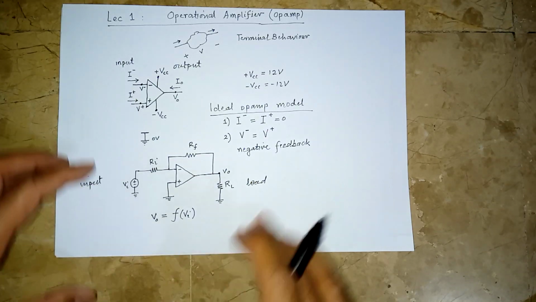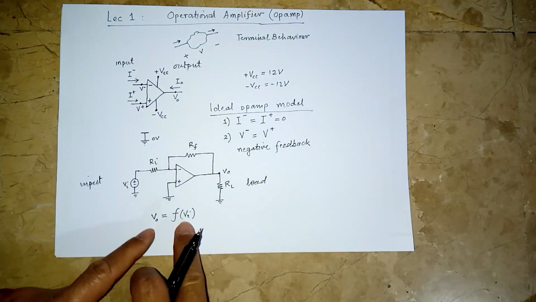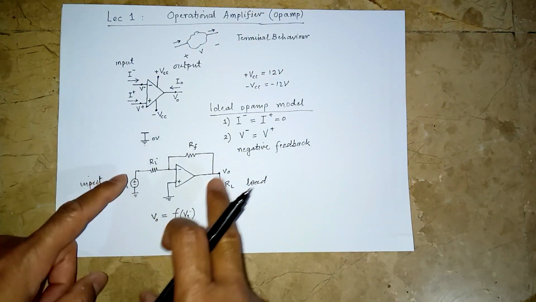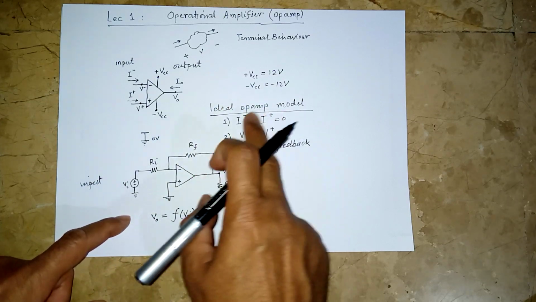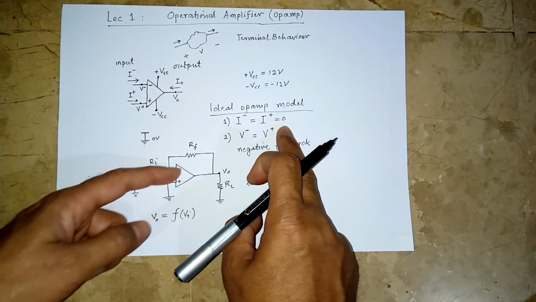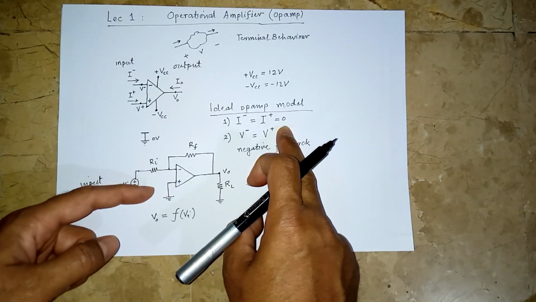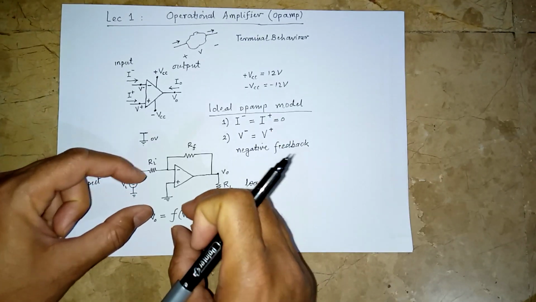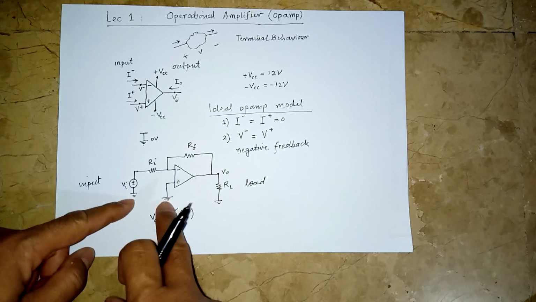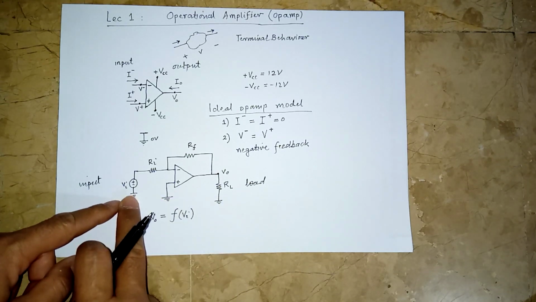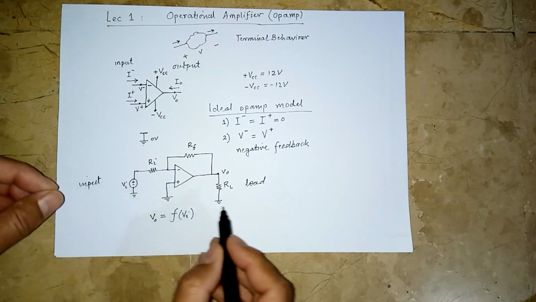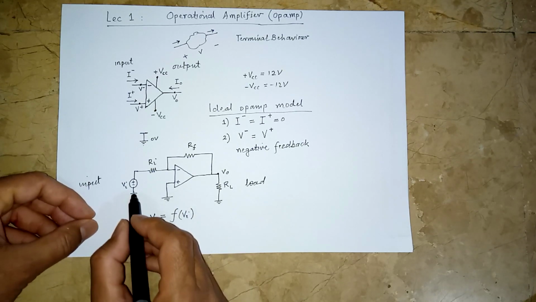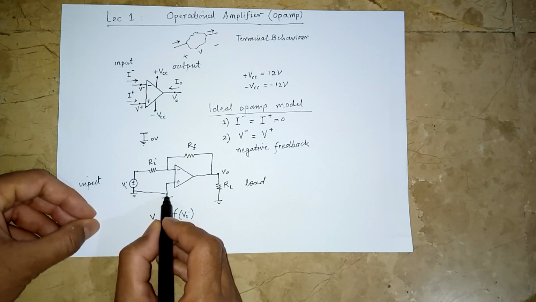We would solve this using the ideal op-amp model, using these things: there will be no current flowing in here, no current flowing in here. Both of them would be at equal voltage with respect to ground. The ground is external to the circuit, and this is reference, this is reference, this is reference. It doesn't mean they are three different references; actually, they are connected together.